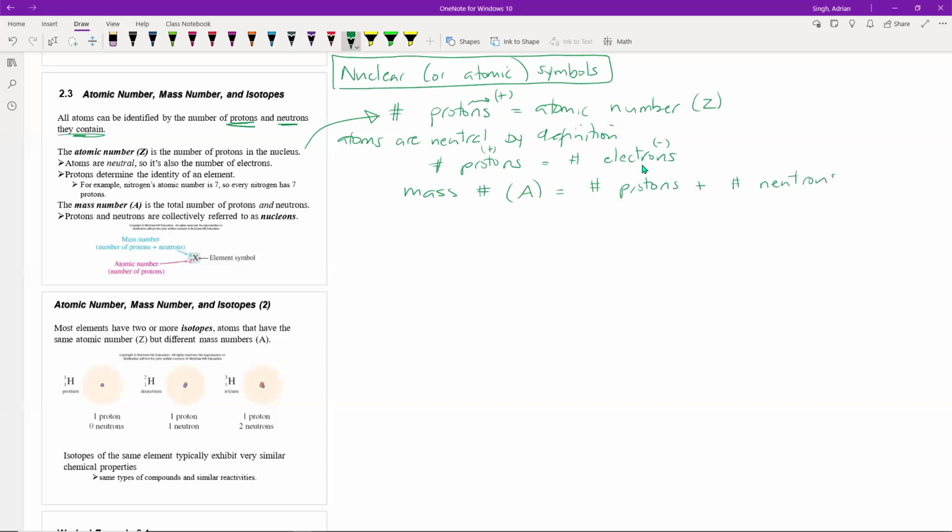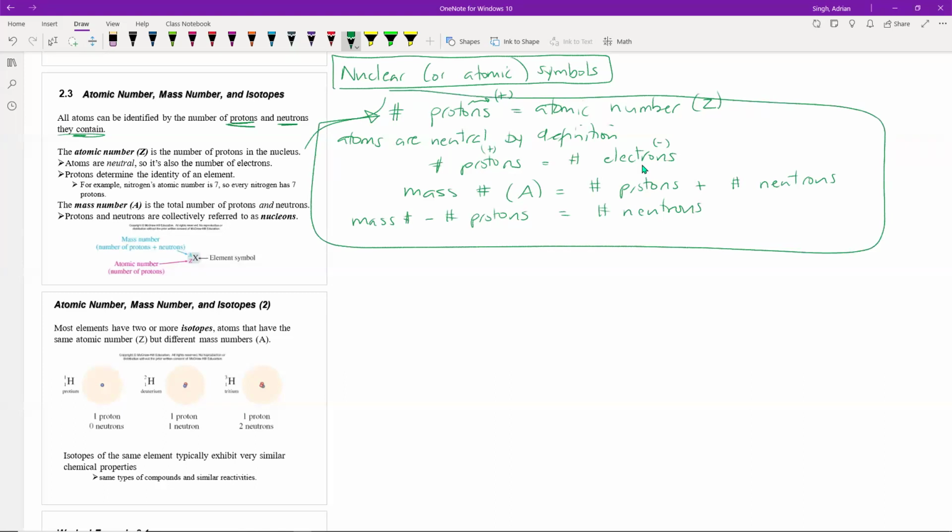So if I do a little bit of math on this, I can now say that the number of neutrons is simply the mass number minus the number of protons. Okay, so this is critical in determining these numbers. Sometimes you might be given a couple of these or one of these.